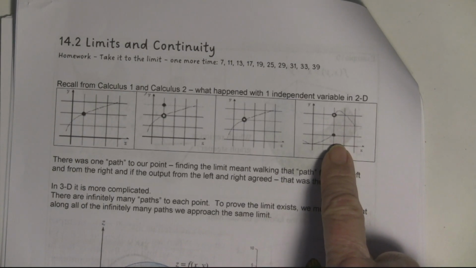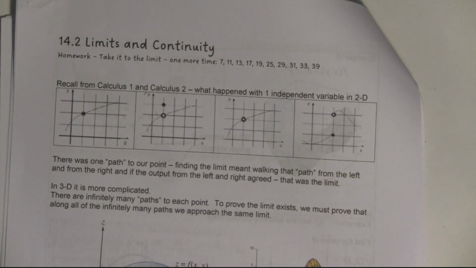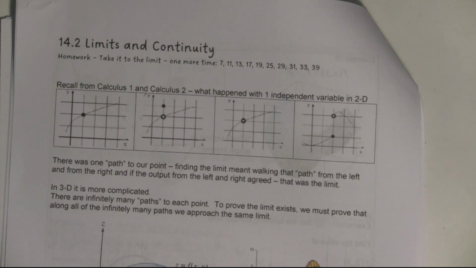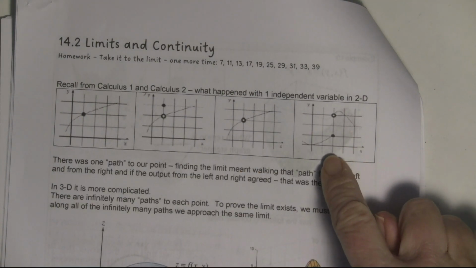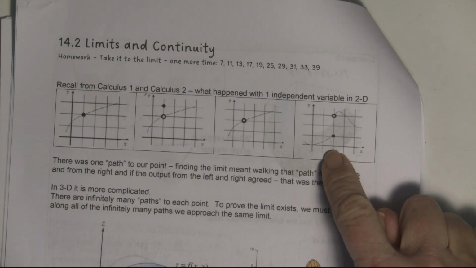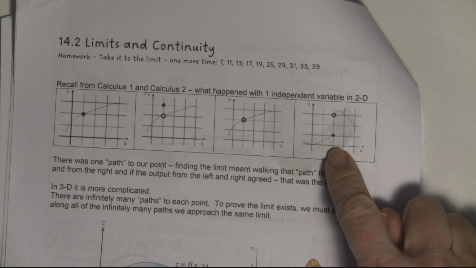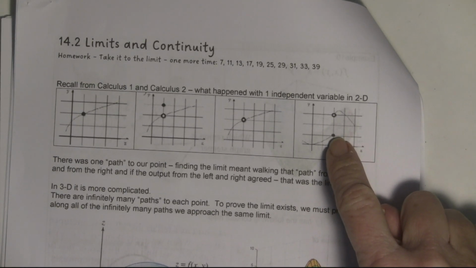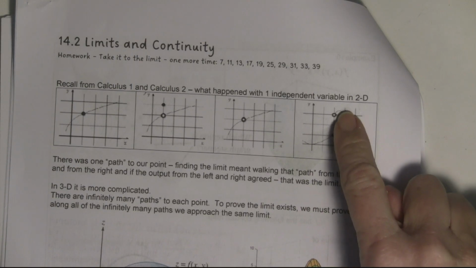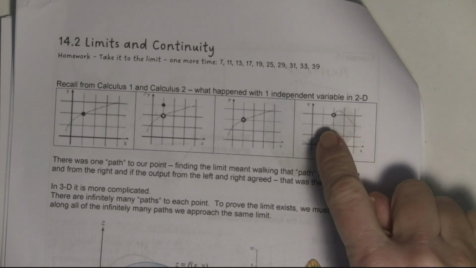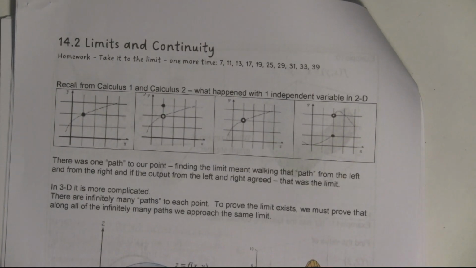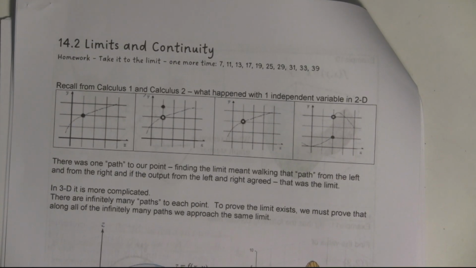Except for this one, because as I approach x is 2 from the left, my output is approaching 1, but from the right, my output is approaching 4.